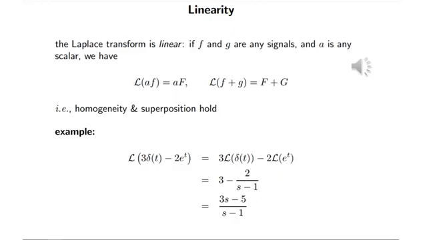So the Laplace transform is linear if f and g are any signals and a is any scalar. We have the Laplace transform of a times f, that is a times capital F. Similarly, the Laplace transform of two functions f plus g will be capital F plus capital G. So the Laplace transform will be applied on f separately and then on g separately. Later they will be added, and that's the definition of linearity.